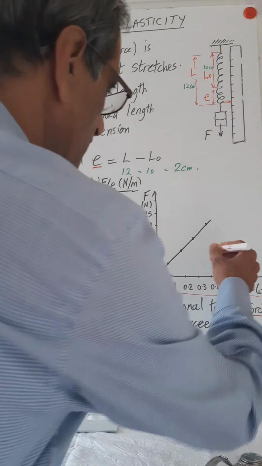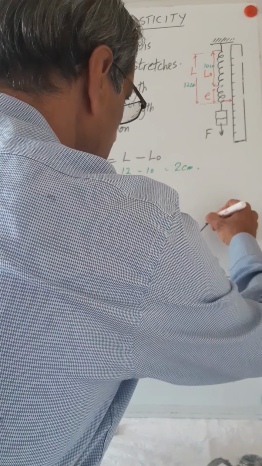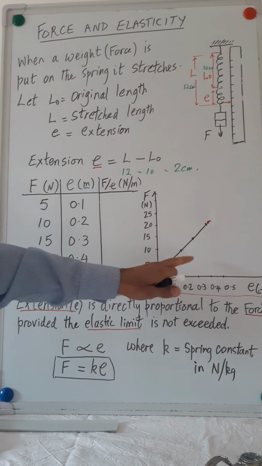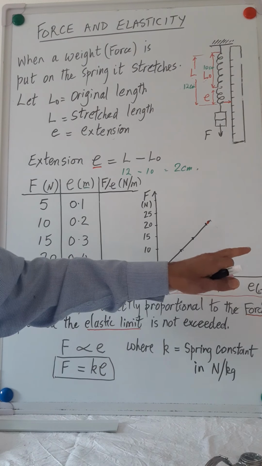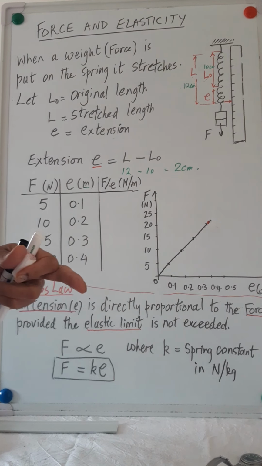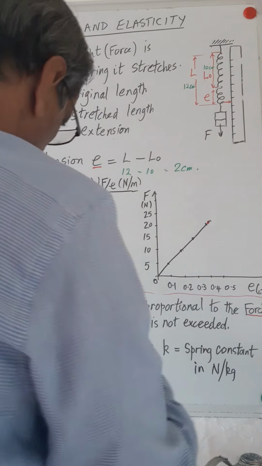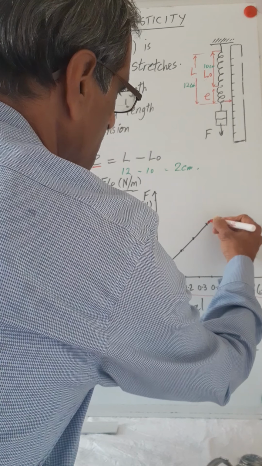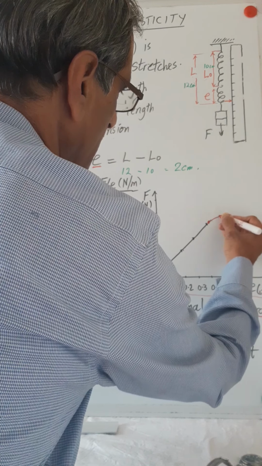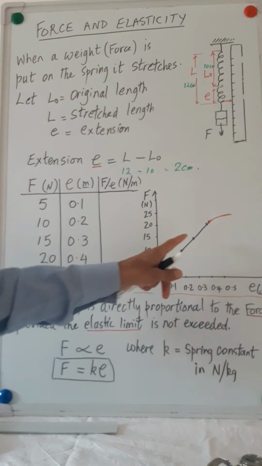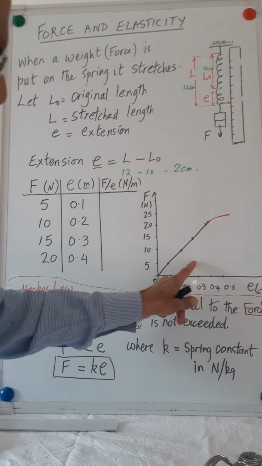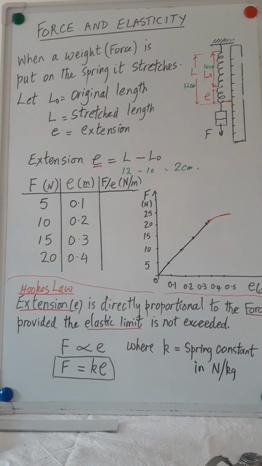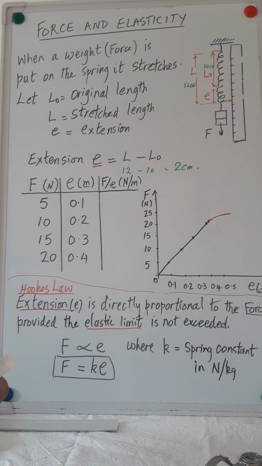So suppose the spring reaches this point, and if I put more weight on it, it will extend by a greater amount for less weight. So the graph tends to go in this direction, like that. Even with less weight, we are getting more extension because the spring has become deformed and it stretches more than it should.